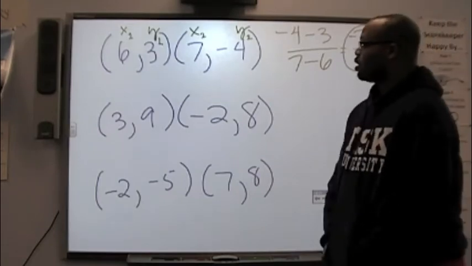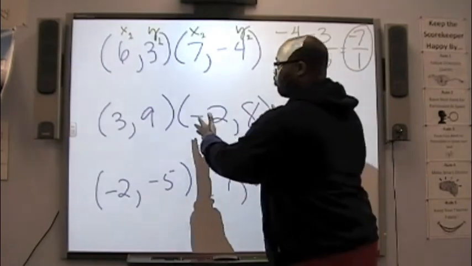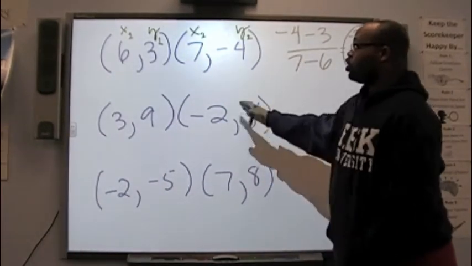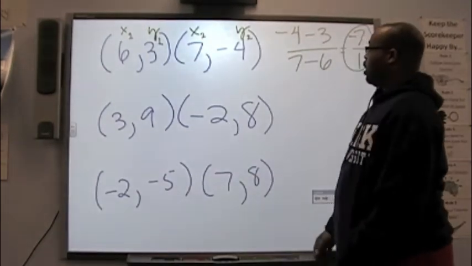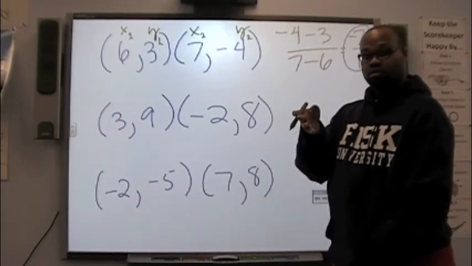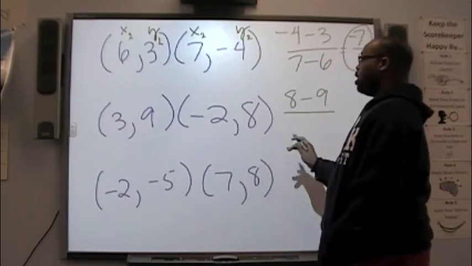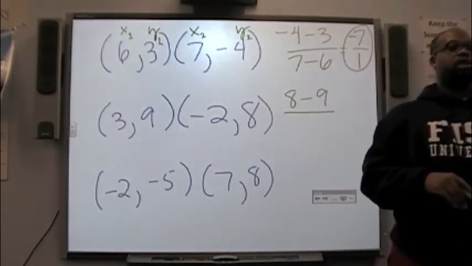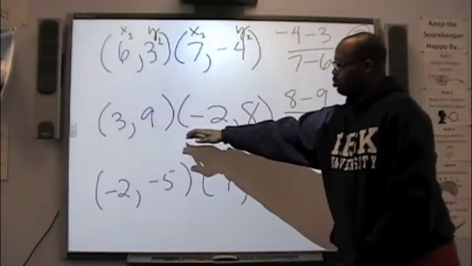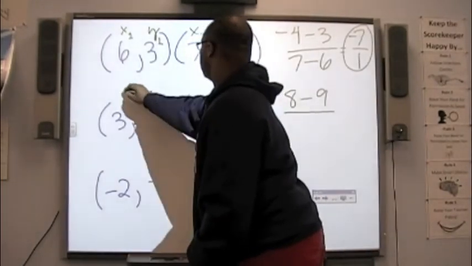Let's take a look at the next example. I'm going to use the same exact rule. This is going to be my final point, and this is my initial point. Rise over run, or the change in y over the change in x. My change in y is going to be 8 minus what? 9. 8 minus 9, divided by my change in x, which is going to be what, Isaiah? That's 3 minus -2.